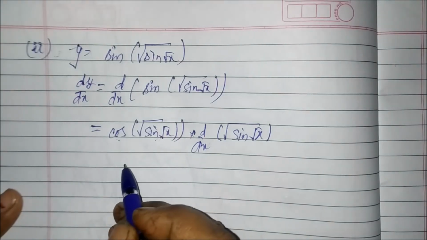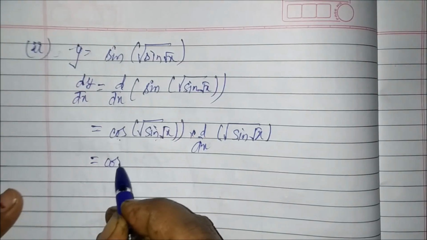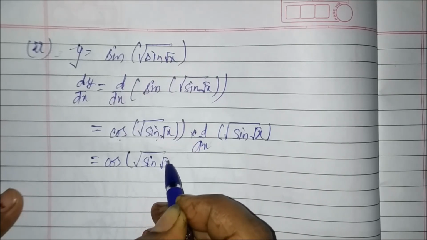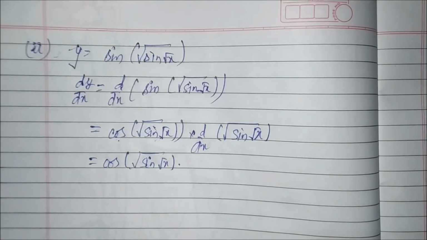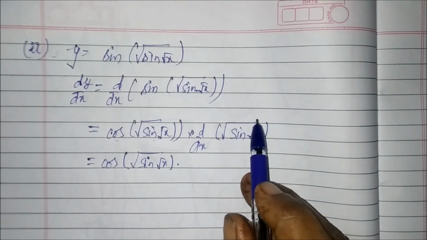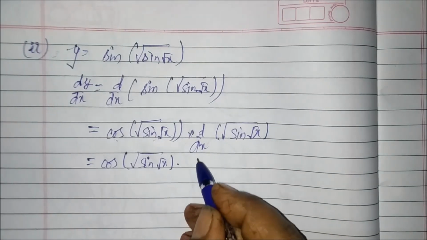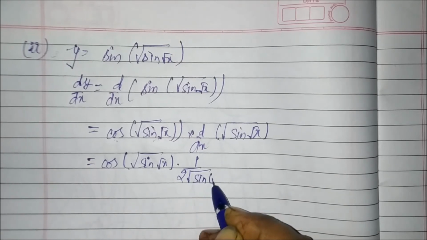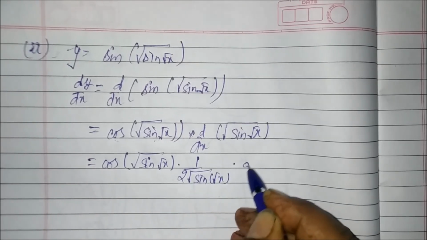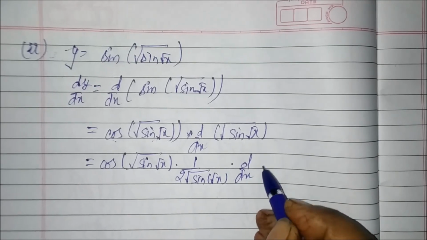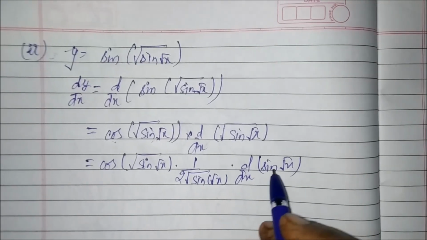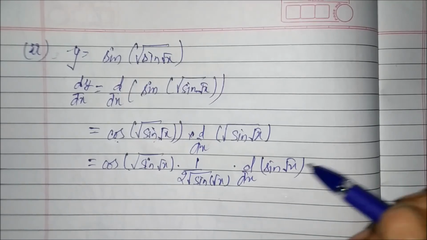Okay, now we will write here cos of root sine of root x into, derivative of root is 1 upon 2 root x. So we get 1 upon 2 root of sine root x into d by dx of sine root x. Proceeding, we are going inner by inner.